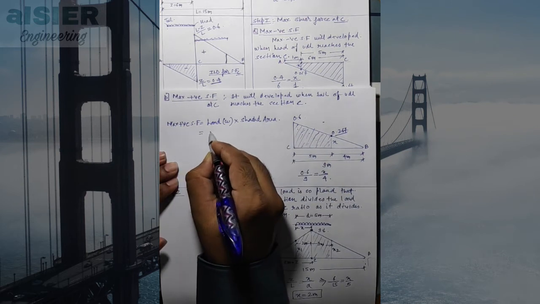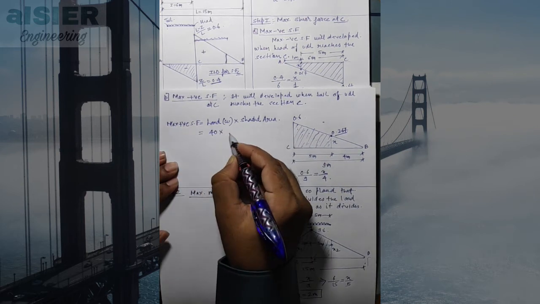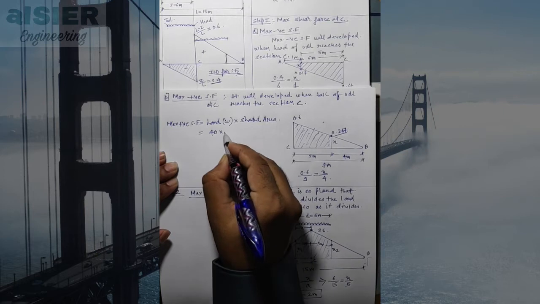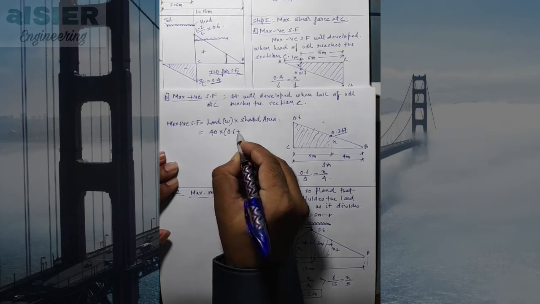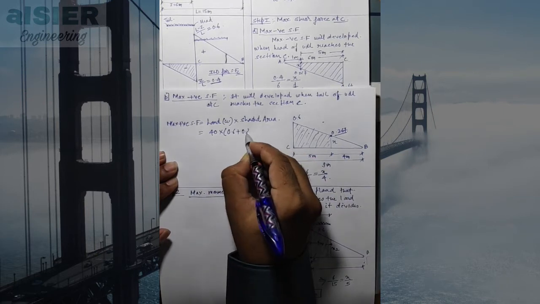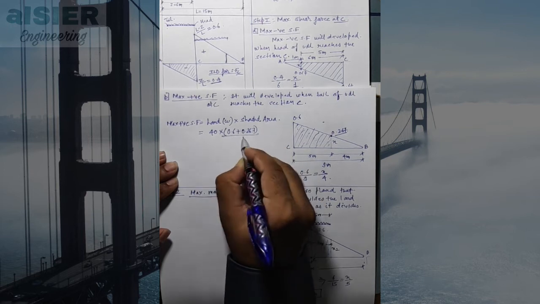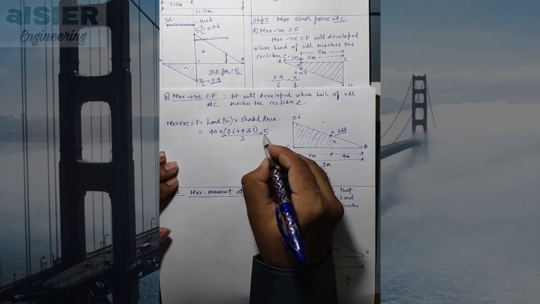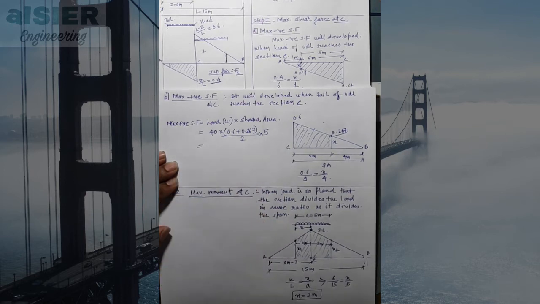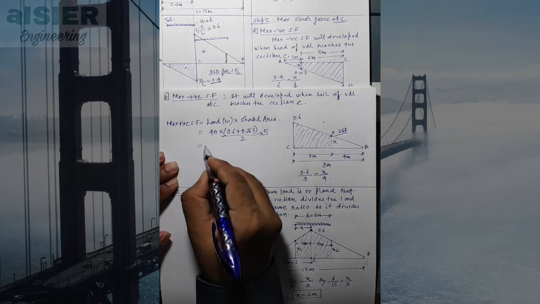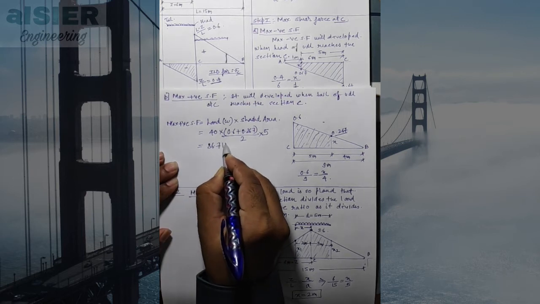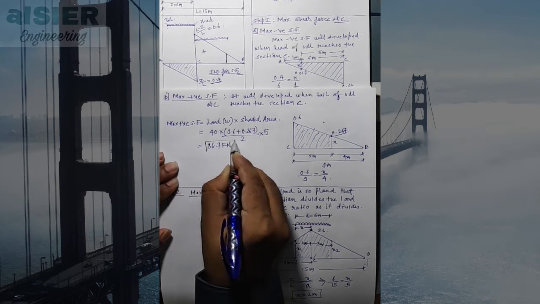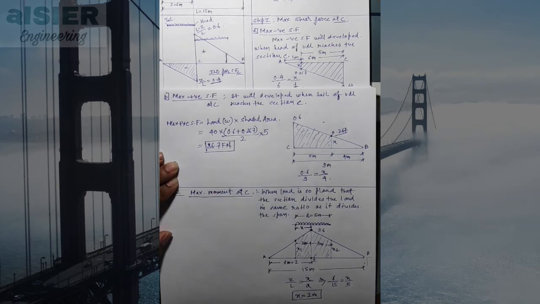The value of load is known to us, that is 40, and for the shaded area, the two parallel sides are 0.6 plus 0.267, divided by 2 into this distance of 5 meters. So we will get this answer as 86.7 kilonewton. So now we got the maximum positive shear force also.